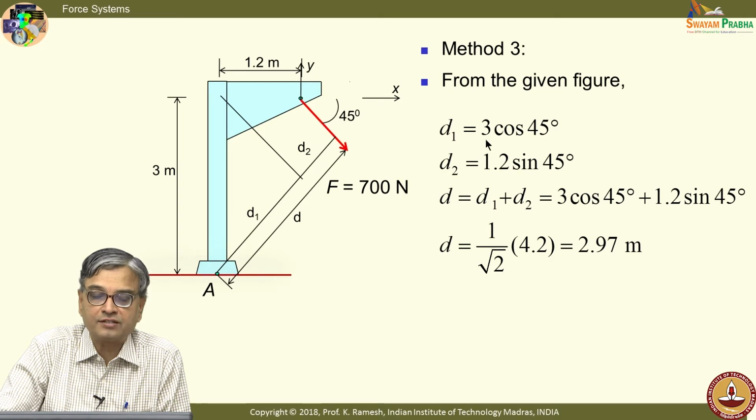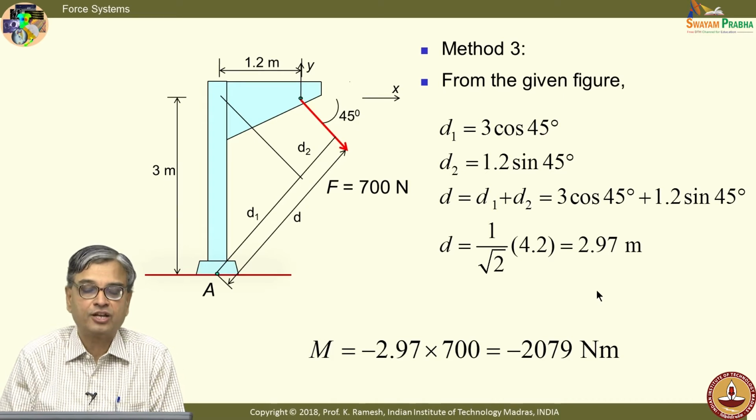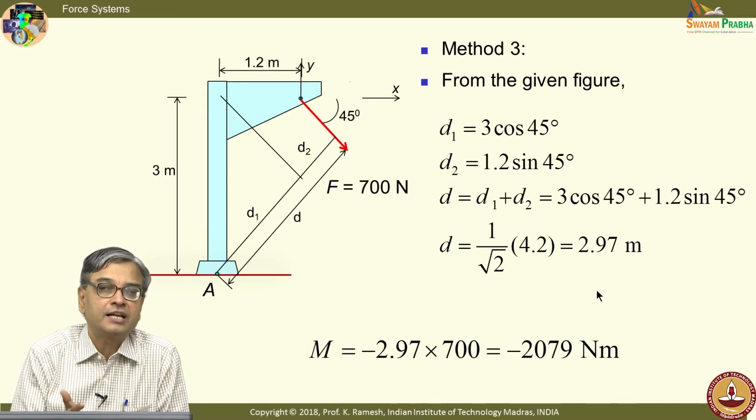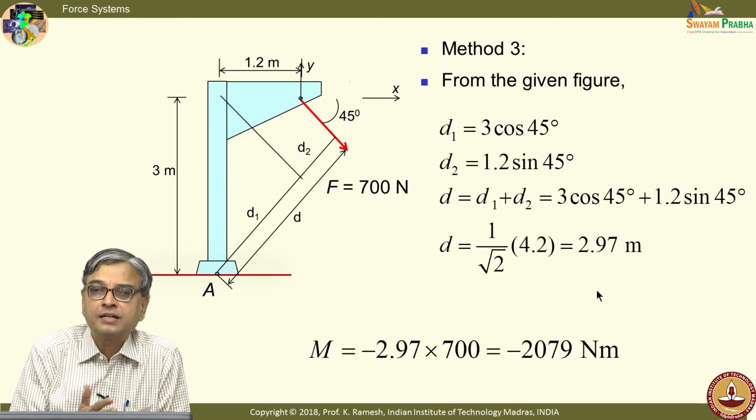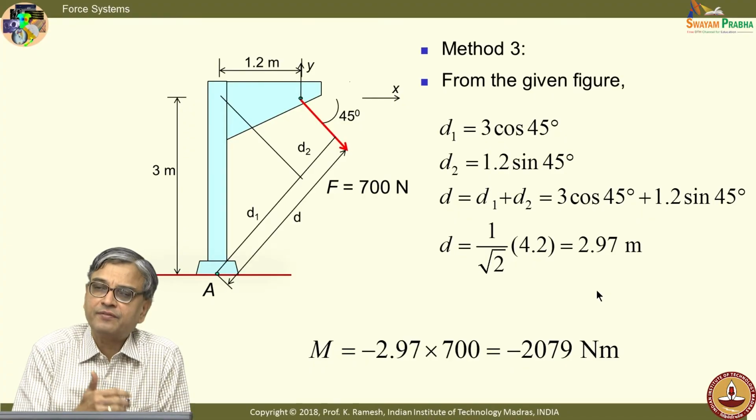So, I get d1 as 3 cos 45 and d2 as 1.2 sin 45. So, I get the value of d as 2.97 meters. This is rounded off here. So, I will also get a rounded off answer minus 2079 Newton meter. I have just given the magnitude, and because I know this is clockwise, I have associated the sign as negative. So, a very simple problem.